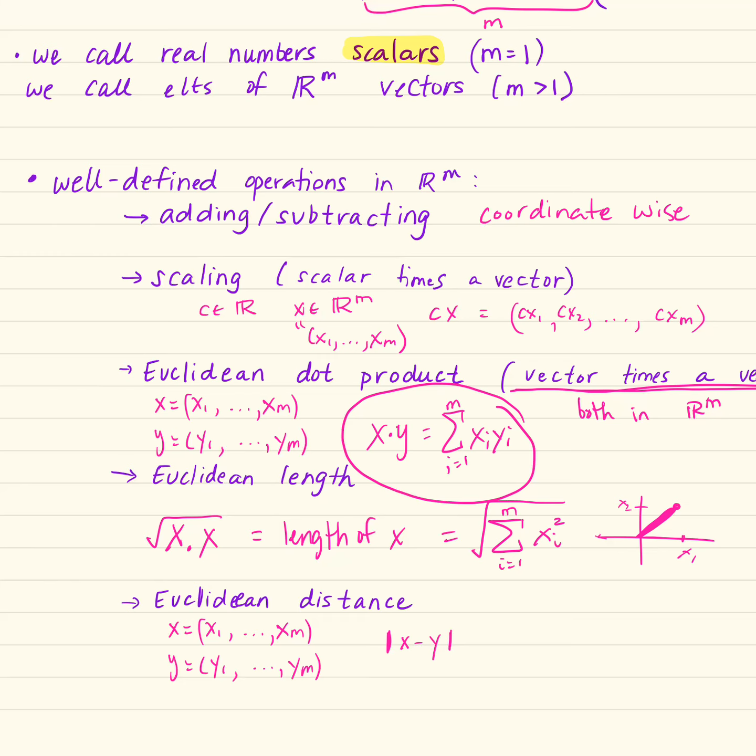So we use those same absolute value bars, and then just absolute value of x minus y. But it's not absolute value, it's the distance, right? It's the Euclidean distance that is defined to be the length of the vector that you get when you dot x minus y with itself. Okay, so that ends up being the square root of the sum of xi minus yi squared.